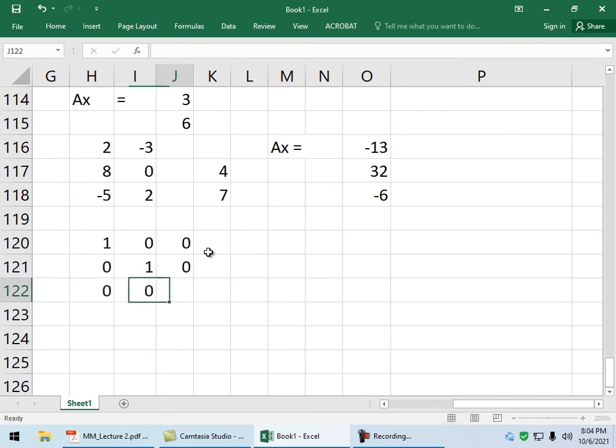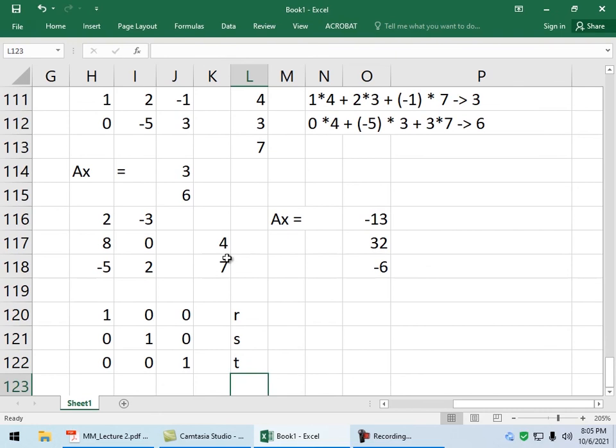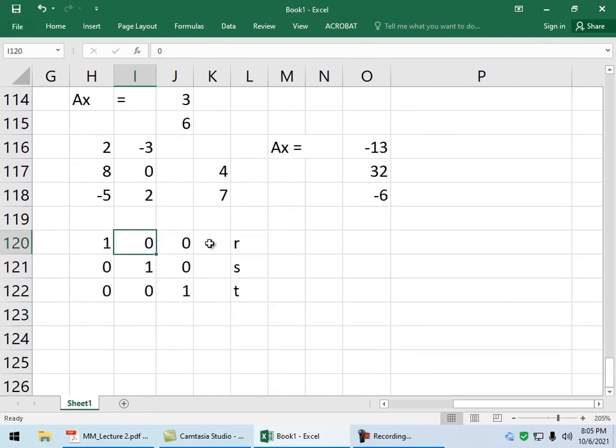This is the diagonal matrix, and suppose you need to find the product AX where X is R, S, T. So obviously you don't need to perform these summations, these are redundant, because any zero element times another will be zero. So we perform only multiplication 1 times R, 1 times S, 1 times T. So the result will be equal to R, S, T.